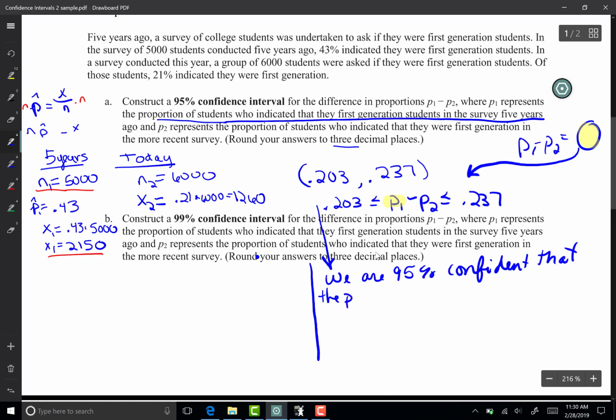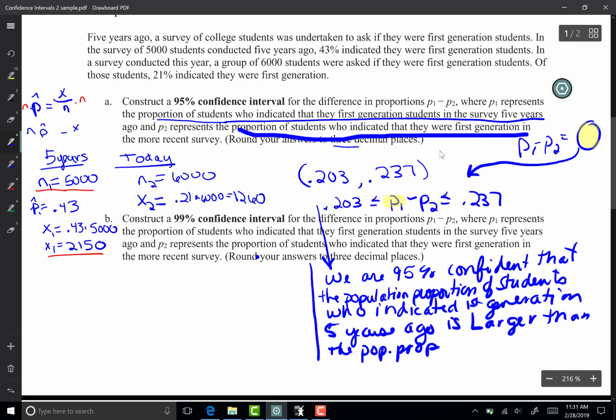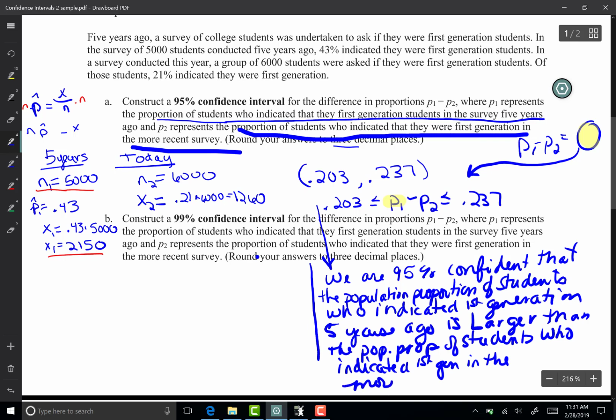That the population proportion of students who indicated that they were first-generation students in the survey 5 years ago is larger than the population proportion of students who indicated they were first generation in the more recent survey. Okay. Make sense?